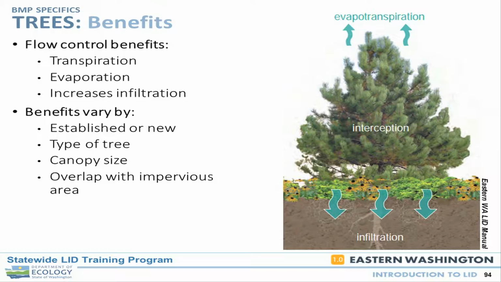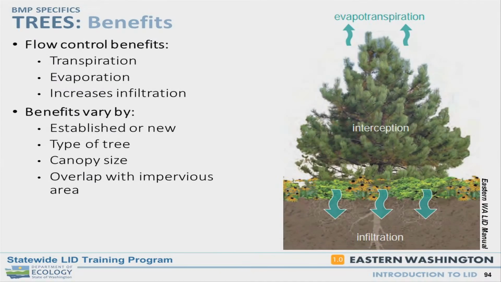And so there's a lot of work that's happening above ground, and equally in terms of stormwater management, there's also a lot of work that's happening below ground with the roots. The roots penetrate the soil. They also build soil structure, and they provide conduits for infiltration.